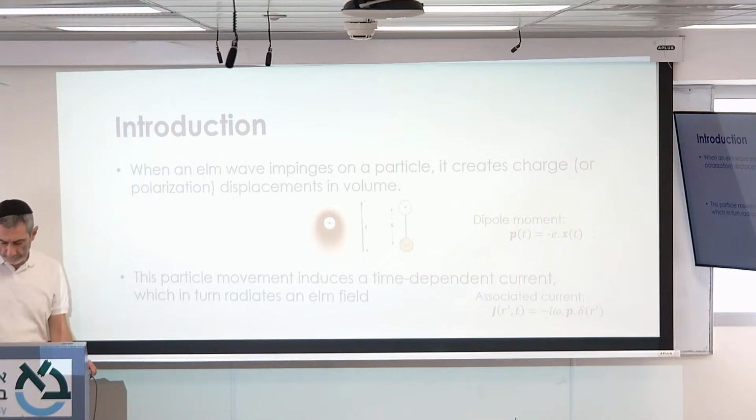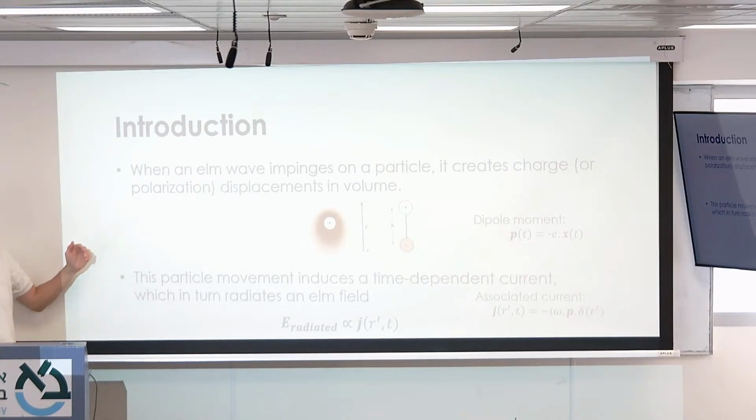So calculating the scattered field amounts to calculating the field radiated by the induced current of the dipole. There is a clear similarity between the scattering diagram we saw before and the radiation pattern of the antenna.